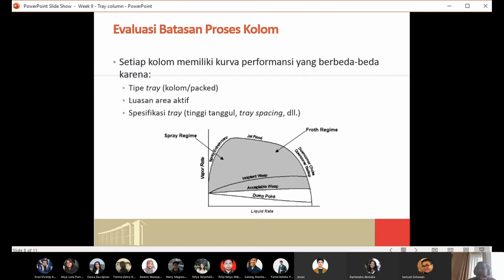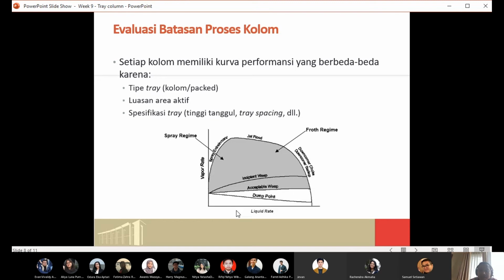Why do I mention hydrodynamics? Because it depends on the ratio of liquid and vapor. Because there are liquid and vapor terms, we deal with hydrodynamics.